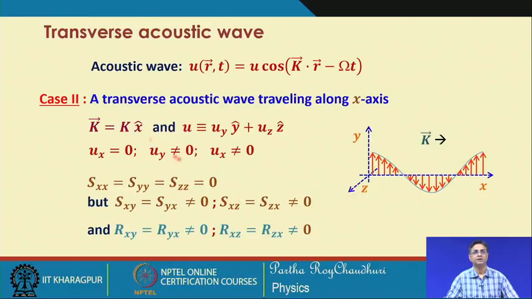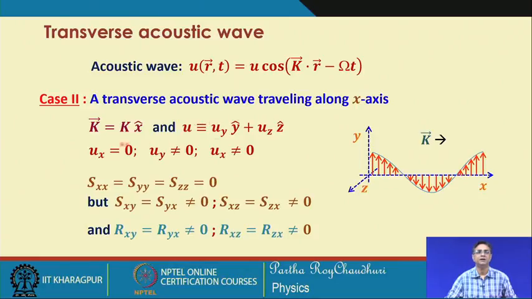If we consider the transverse acoustic wave along the x direction, then we can write this propagation vector as k magnitude and k unit vector. But because we are not specifying whether this transverse acoustic wave is polarized along the y direction or z direction, if it is propagating along x, then it can have two polarizations, one along y and one along z, and these are the two pure transverse polarizations.